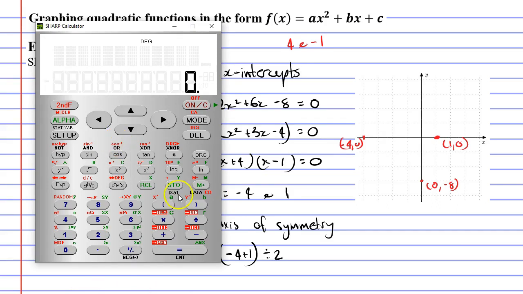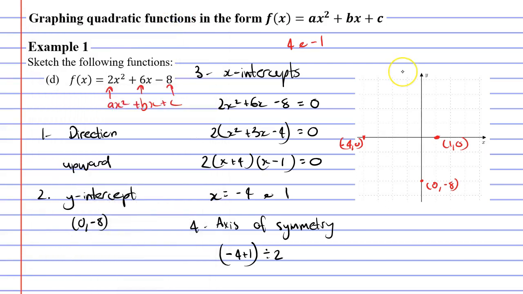We'll use our calculator. Bracket, -4 plus 1, close the bracket, dividing it by 2, and we get -1.5. So our axis of symmetry will pass through this point here, where x equals -1.5.